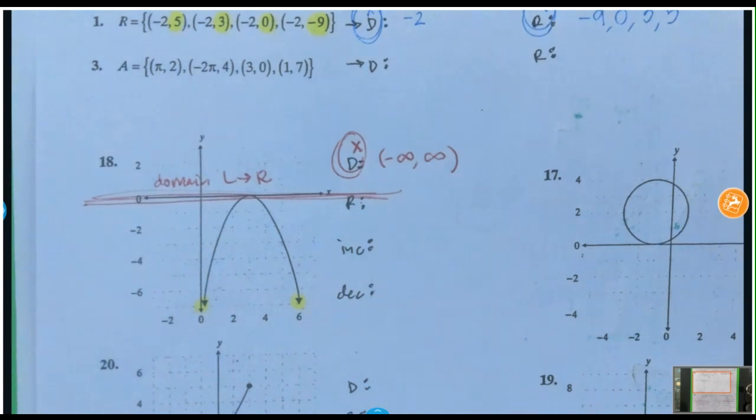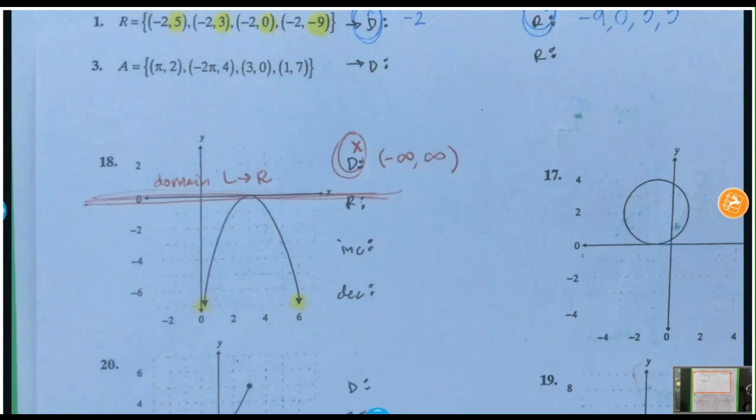Now, let me just draw you on the board a model of this. Right now, we see something that looks kind of like that, hypothetically. But the arrows tell me that it's going to go on forever. Now, what mathematical number is to the left forever?